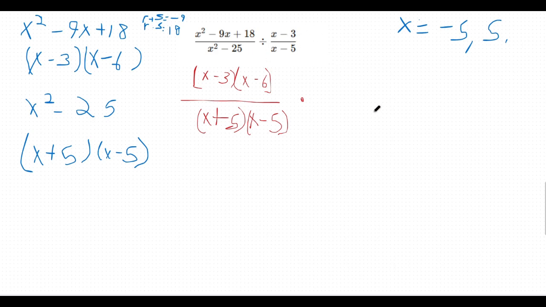So we're going to rewrite this as x minus 5 over x minus 3. All right? Your alarm bell should be ringing now because we have a new x value in the denominator which can make us divide by 0, and that value is 3.